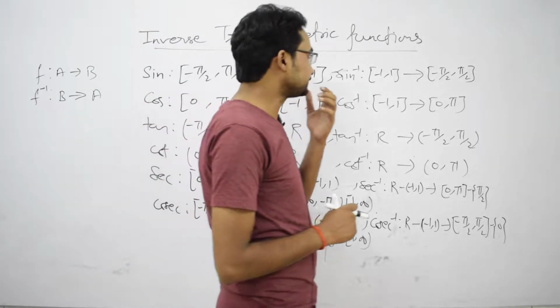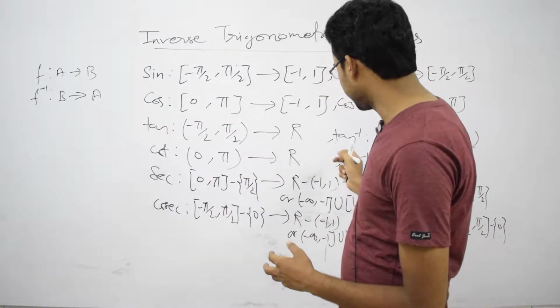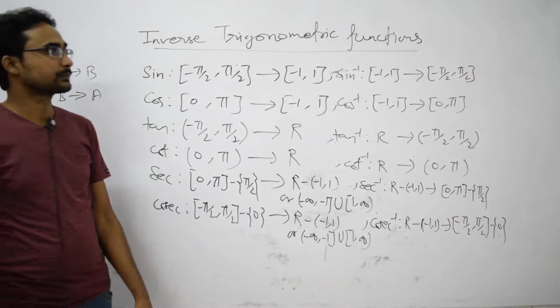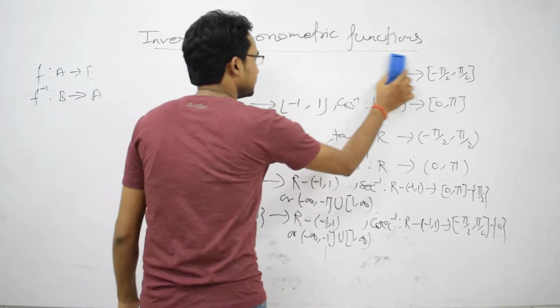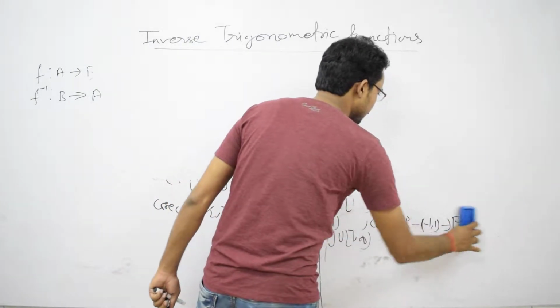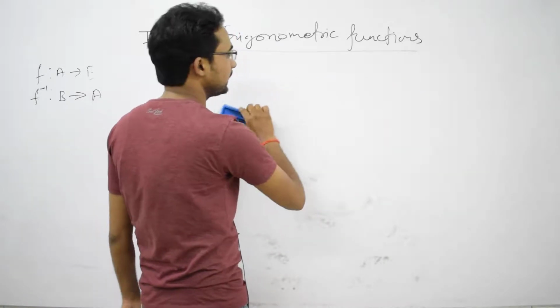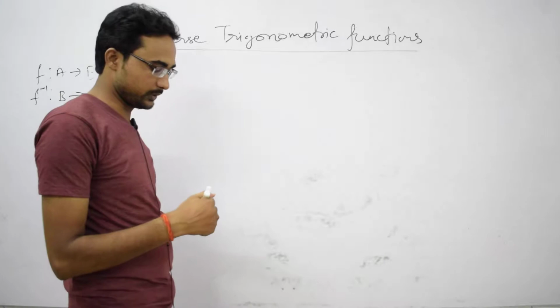Okay. Now, we start with the graphs of sine inverse, cos inverse, tan inverse, cot inverse. So, start with the graph of sine inverse, in which the function is invertible. That means we only have to take the restricted domain in which the function is invertible.